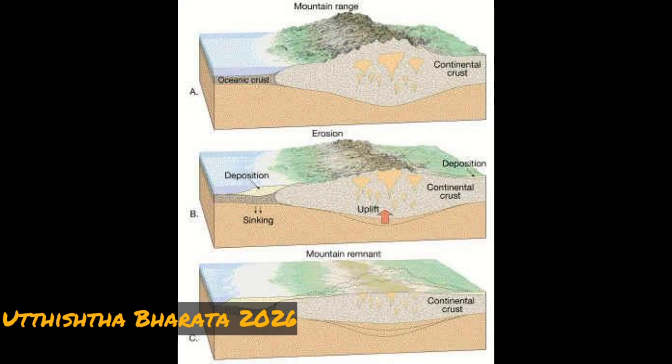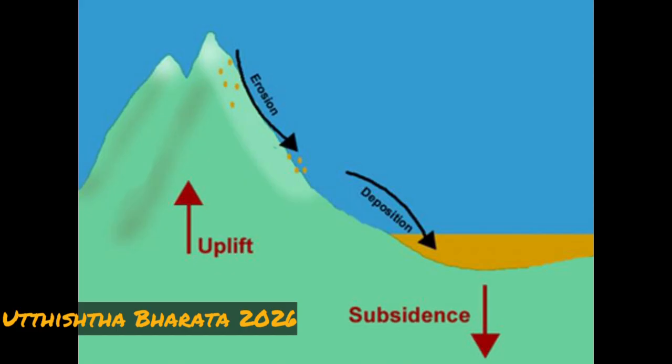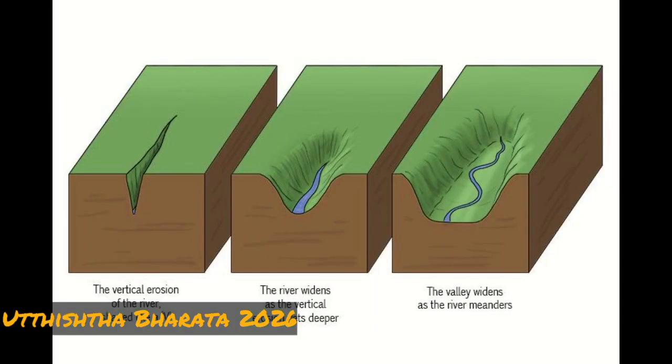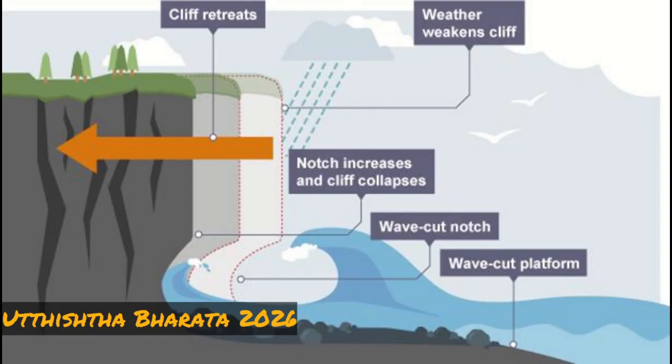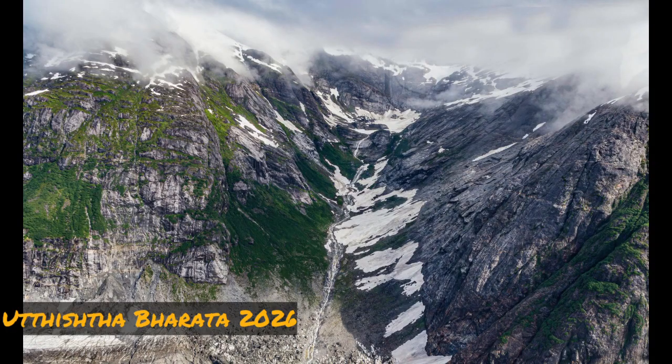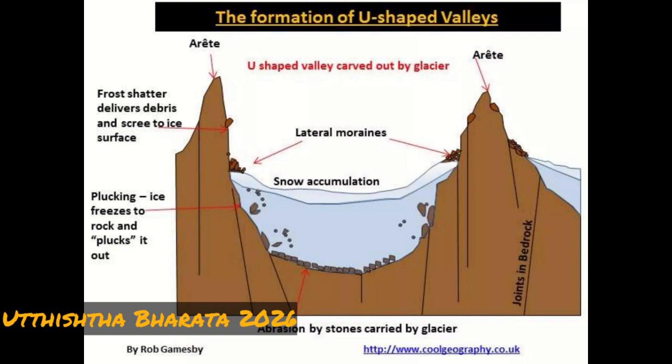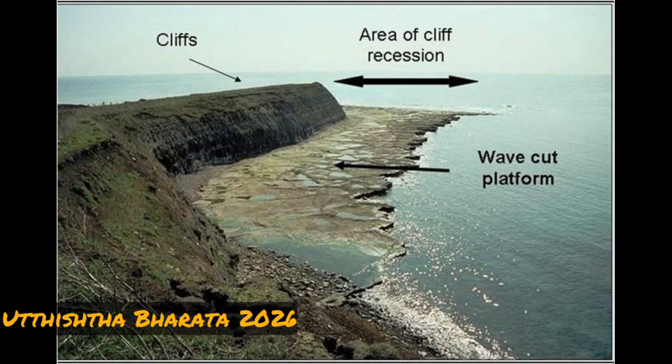Now, there are causes in the form of plate tectonics, upliftment and submersions of land. There are sudden forces like earthquakes and volcanoes. There are exogenic forces which operate on the surface of the earth, not within it. All of them are reasons for the formation of various landforms.